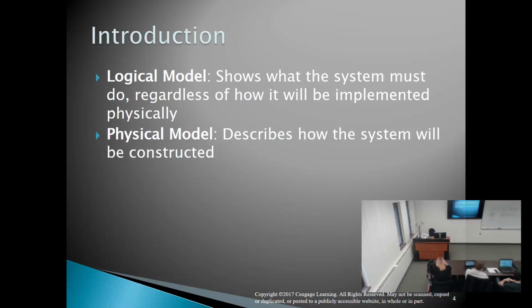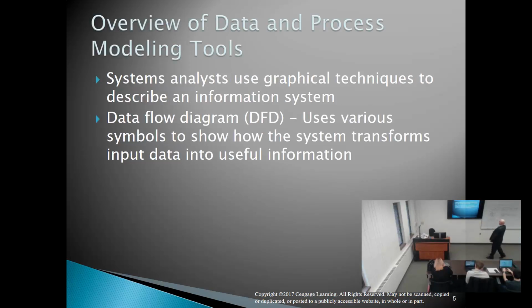So we don't have to deal with the physical part. Okay, but when we move to this level, we start looking a little more at how the physical is going to be, but we're still looking at a logical abstract.